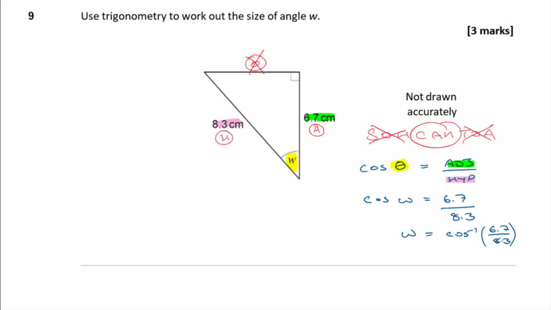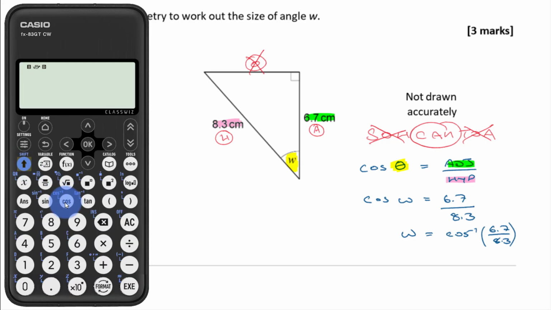Now, I'm going to type that into the calculator. Just make sure your calculator is in degrees mode. It's got a little D on the top of the display, otherwise you'll get the answer wrong. And then I'm going to press the shift key before pressing cos, so I can get cos to the minus 1. And then I'm just going to put it in using the fraction key. So I'm going to put 6.7 on the top, and I'm going to put 8.3 on the bottom, and ask the calculator to give me the answer.